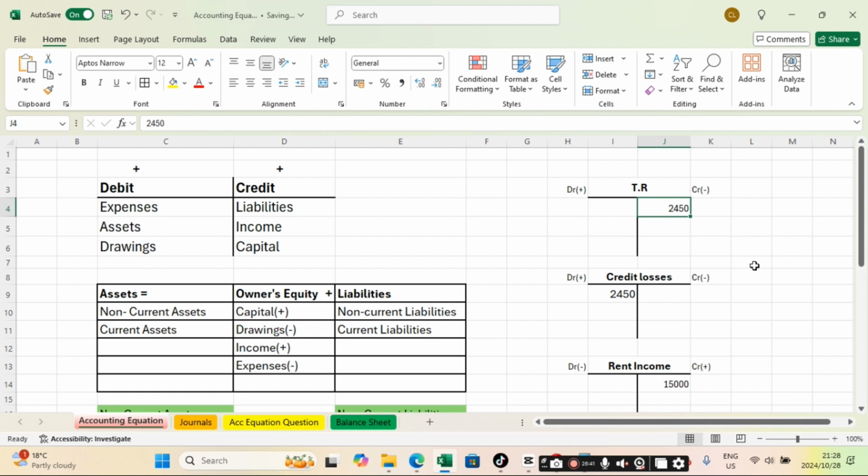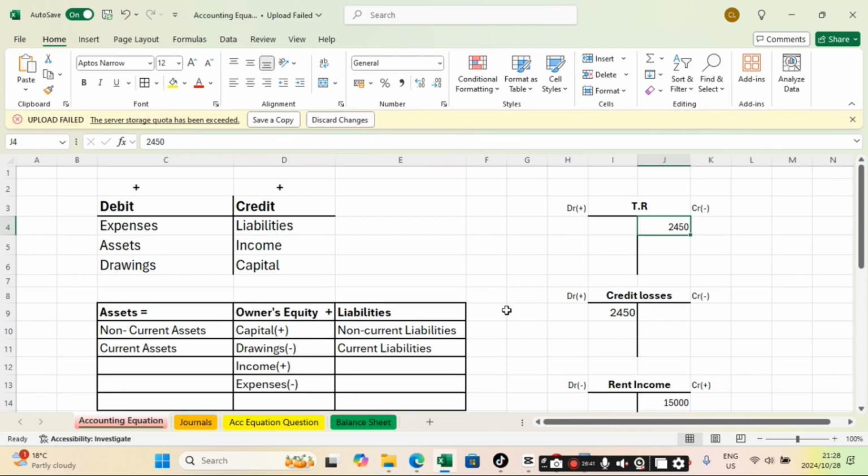Where are we? We're going to the accounting equation. So now we know the account debited and the account credited. Let's start with our trade receivable. What is it? We said it's an asset. It forms part of our assets. So what's happening to this asset? Is it increasing or decreasing?